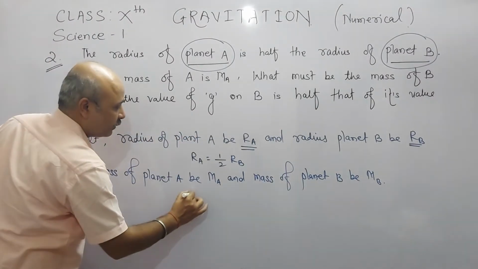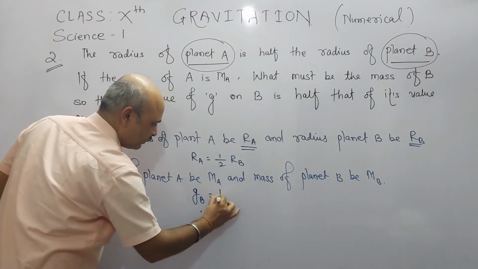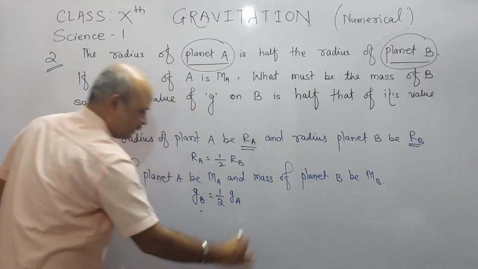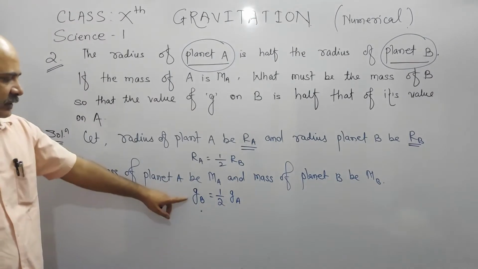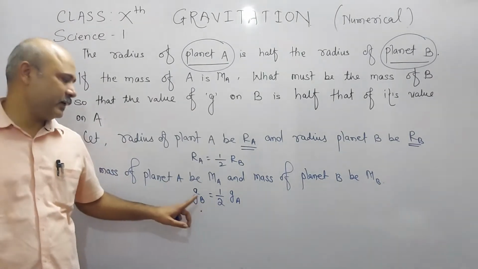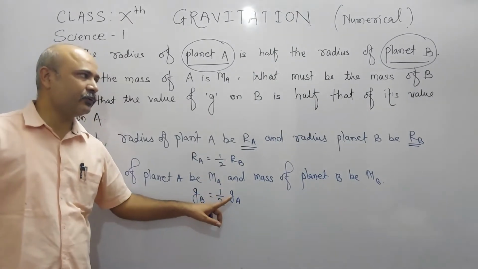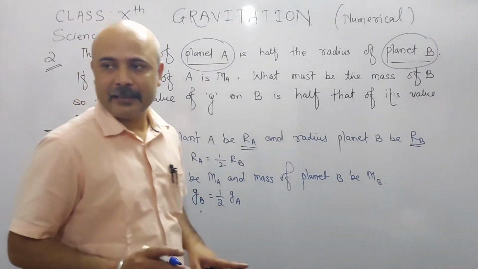GB is half of GA. Acceleration due to gravity on planet B is half of acceleration due to gravity on planet A.